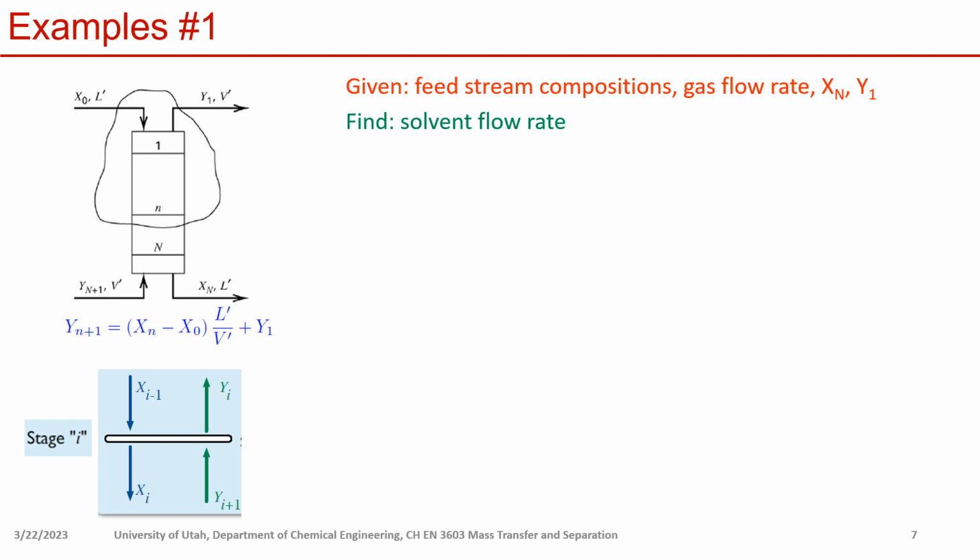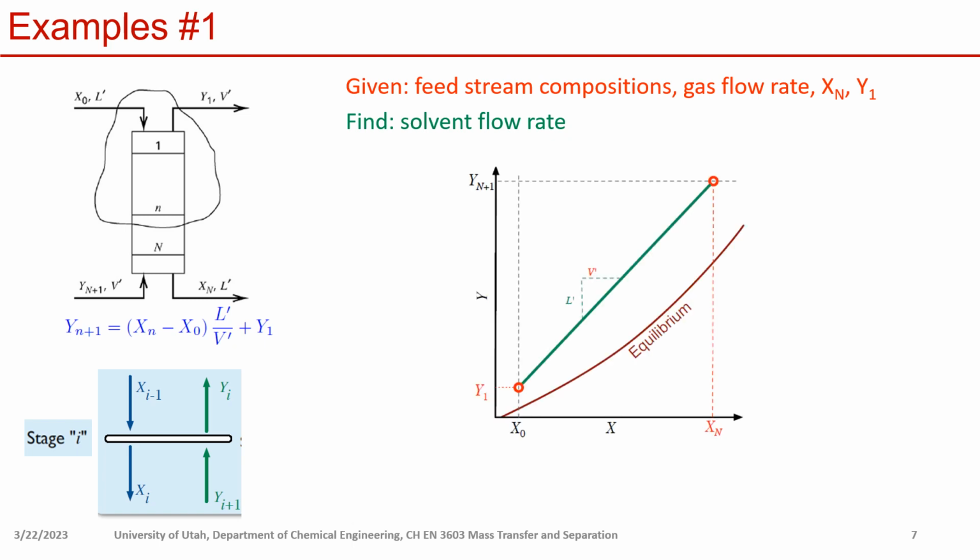There are two ways you can do this. Either you plug the numbers into this equation and solve for L prime, or we can do this graphically by first identifying the points. Here we know the phase stream compositions x0 and y1. That gives us the coordinates of the two end points of the operating line, right?